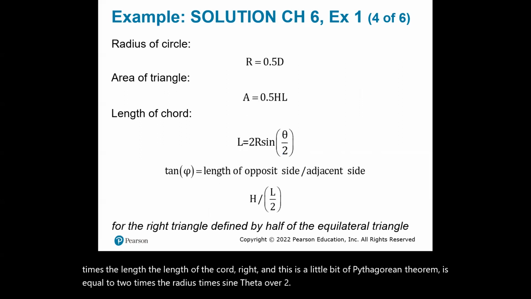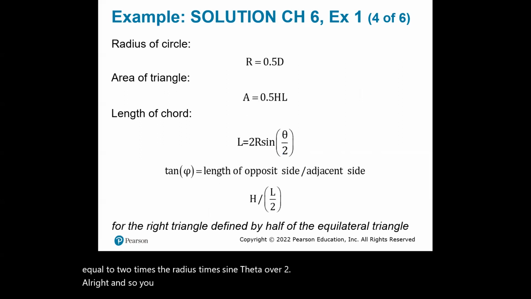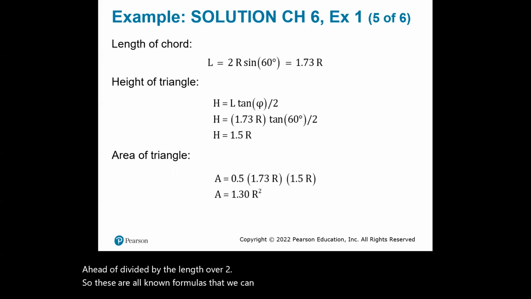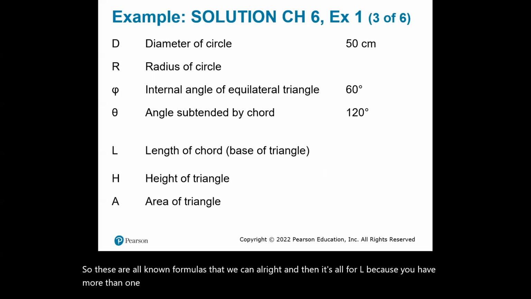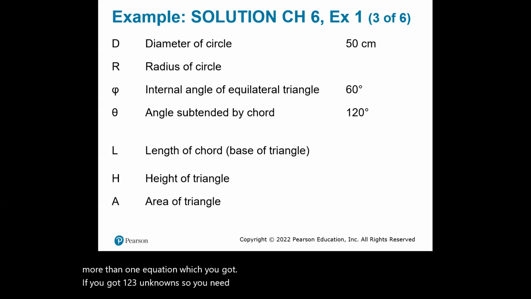All right, and so tan phi, the length of the opposite side divided by the adjacent side, is equal to height divided by the length over 2. So these are all known formulas that we can look up. Then you solve for L because you have more than one equation: 3 unknowns, so you need 3 equations, right?